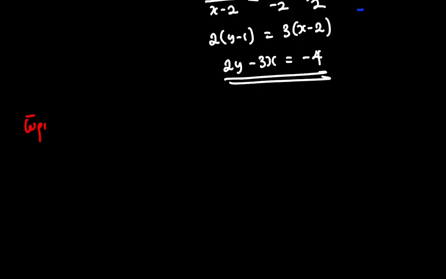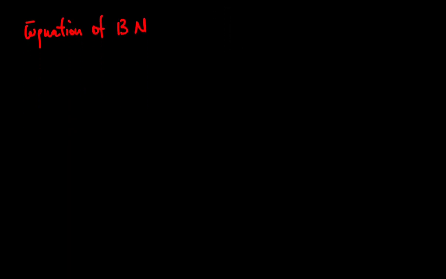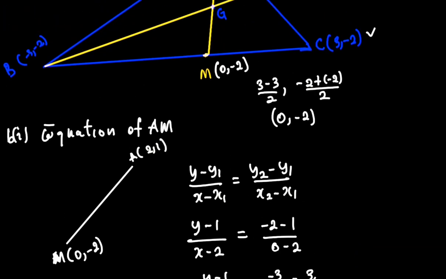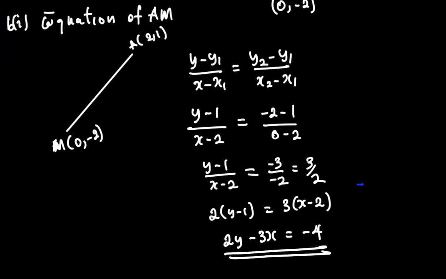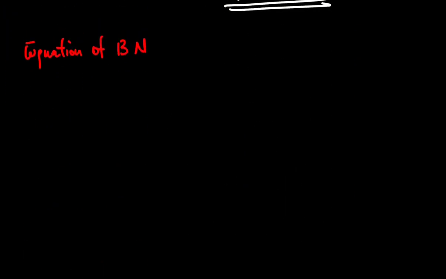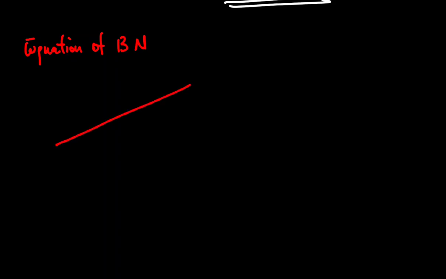Now, equation of BN. The same thing we did for this, we are going to use for BN. Now, this is like BN, of course. So we have our B here to be (-3, -2).